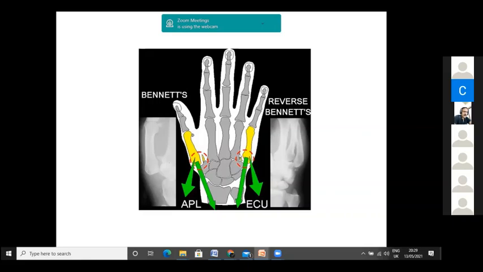And this fragment is usually very small, and you need to transfix to the adjacent carpal bones or metacarpal base. Okay. So Ijaz, what is the deforming force in case of a reverse Bennett fracture? Extensor carpi ulnaris. Very good. And what is the deforming force in case of a Bennett fracture? Abductor pollicis longus. Very good.